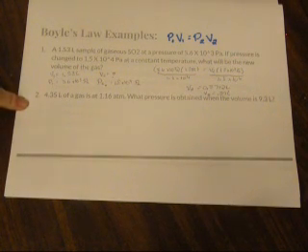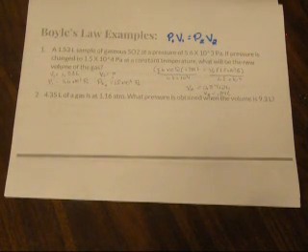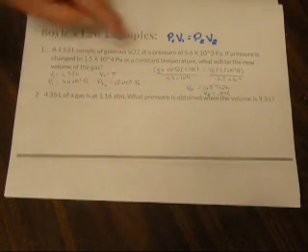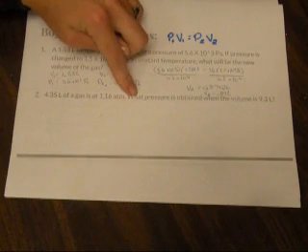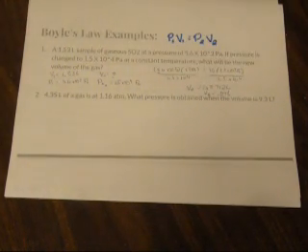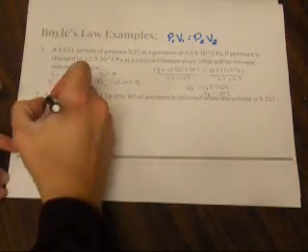For Boyle's Law example 2, we have 4.35 liters of a gas at 1.16 atm, and we're looking for the pressure obtained with a volume of 9.3 liters. Let's write our givens.